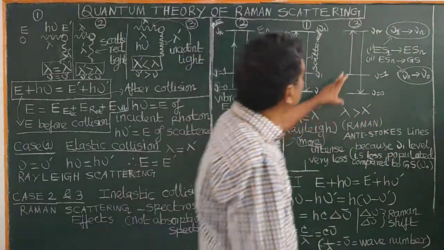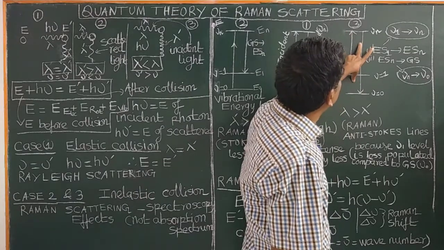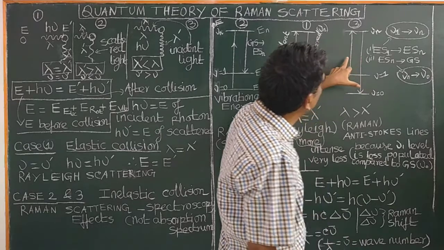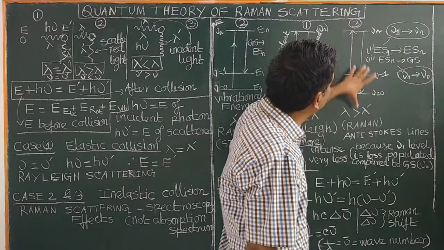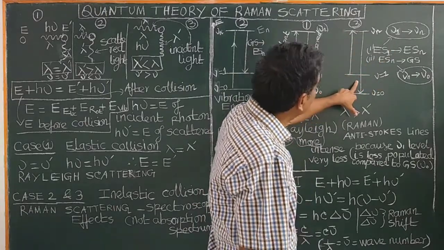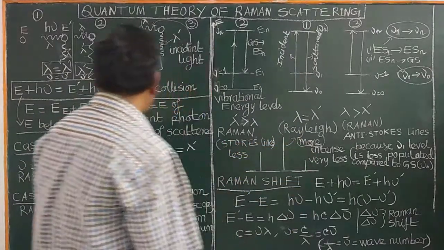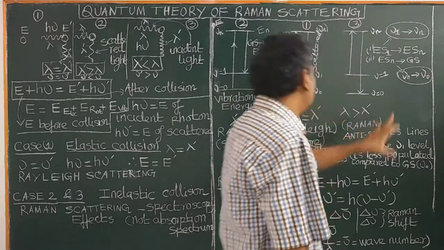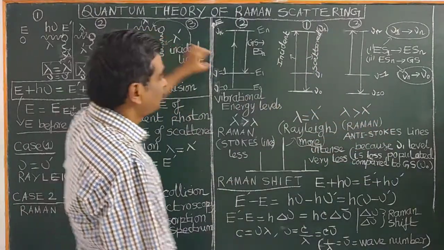If you look at the energy difference, this is the energy of the incident photon, E1 minus E. This is the energy of the scattered photon. The energy of the scattered photon is larger. Therefore, h nu prime is larger. Therefore, lambda is greater than lambda prime.